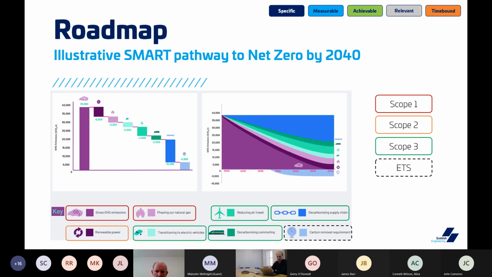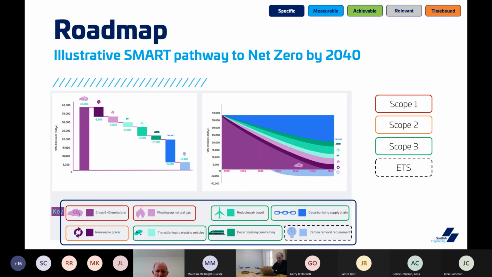So this is an illustrative example of a SMART roadmap. First of all, it is specific: it looks at gas emissions, power, ETS, and the supply chain. It is measurable, and you can see here what the measures, or the anticipated measures, would be.